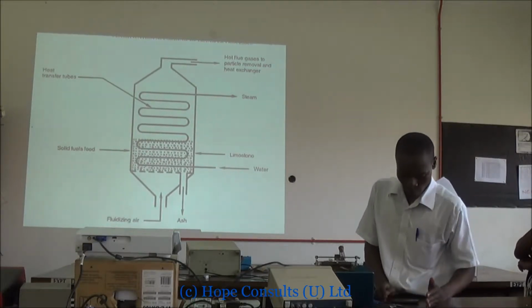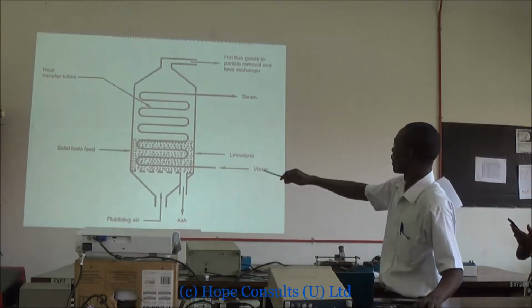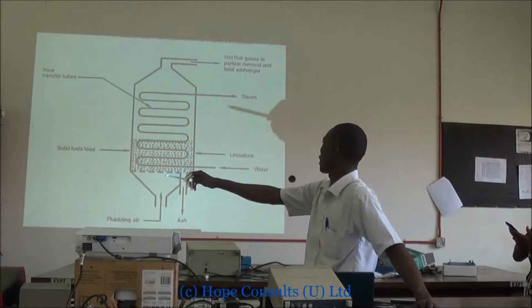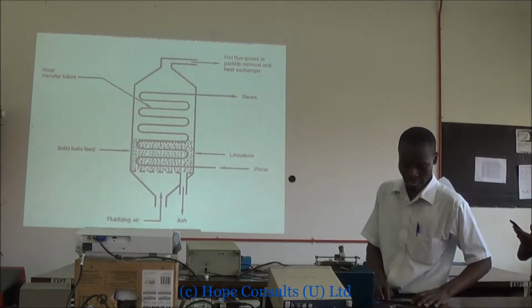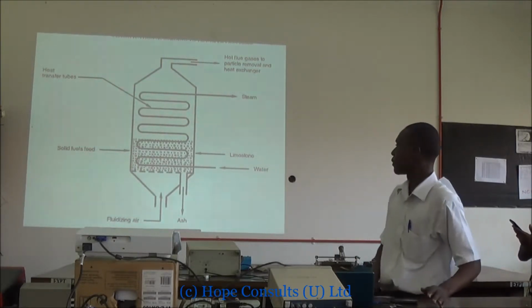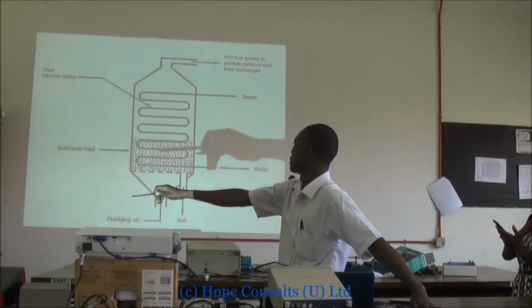But what comes about is that we have an upward velocity. If we get an upward velocity which is low, the solid particles remain fixed down here.